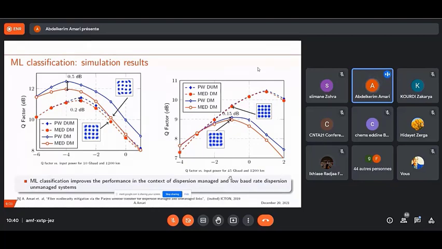By increasing the baud rate, we can see that we almost have no gain for dispersion unmanaged, and a smaller gain also for dispersion managed.